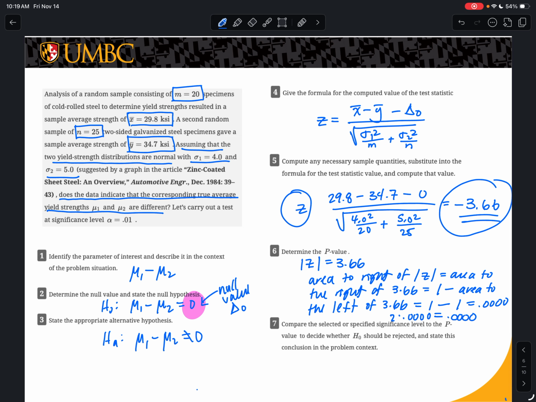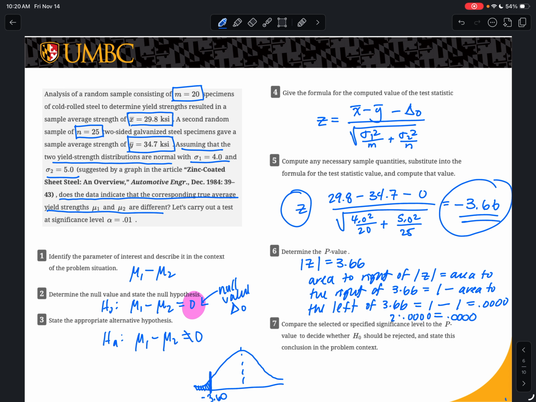So you could say, okay, I know that I expect this Z to look like this, it's a random quantity, it's based on the sample. So I expect that it's going to look like a standard normal distribution. And I got something that was minus 3.66. It was way out here in the tail. So the minus 3.66 is here at this value on the x-axis.